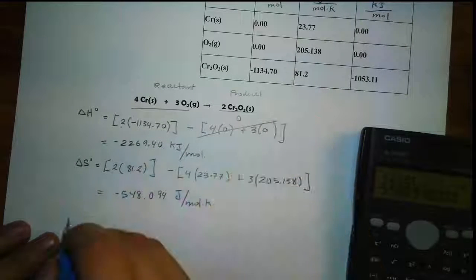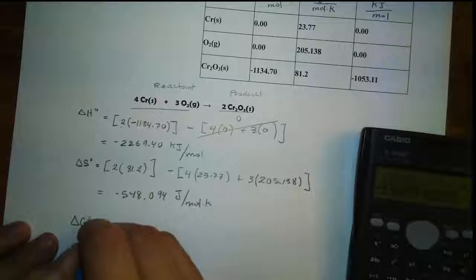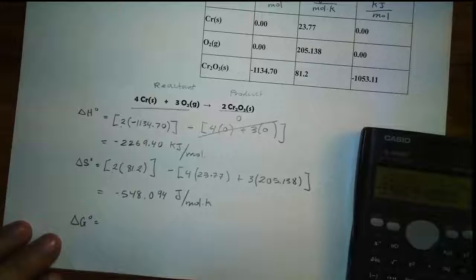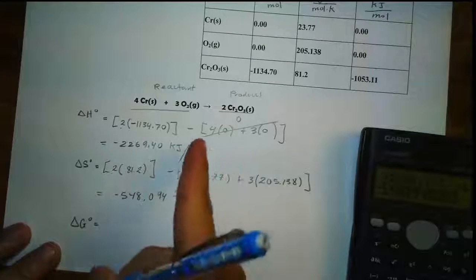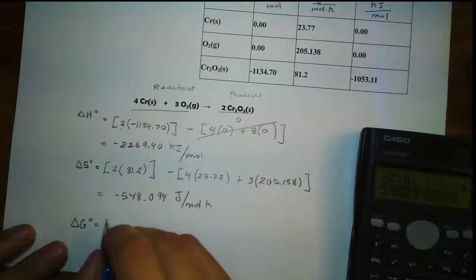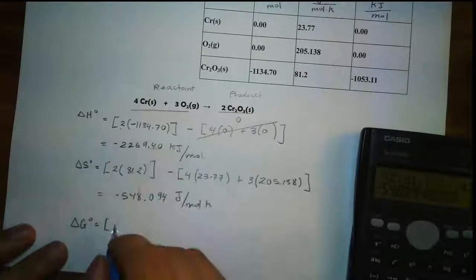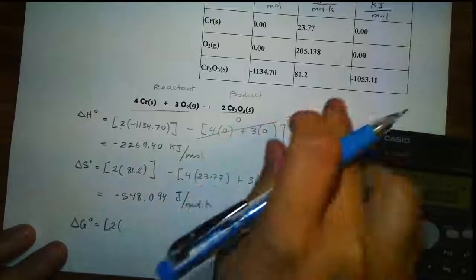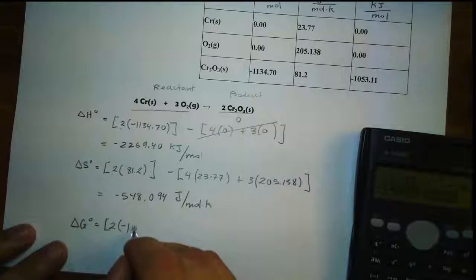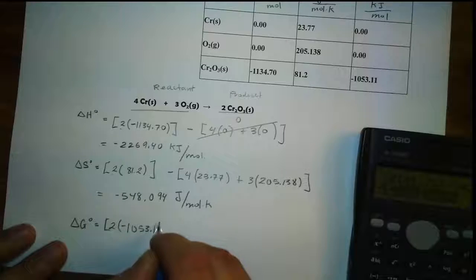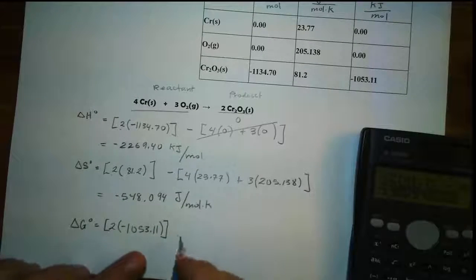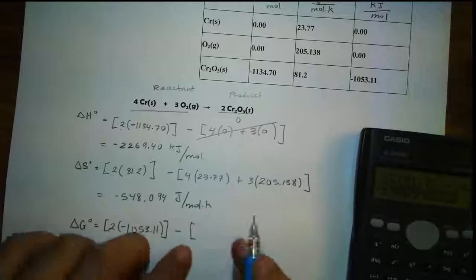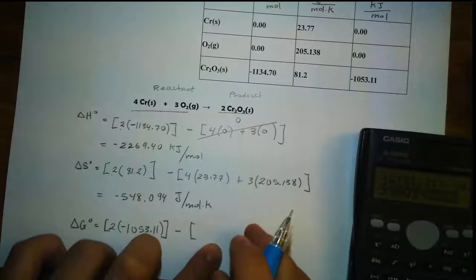Then what about delta G? So delta G naught. In this case, we have the same thing: product minus reactant. So we know the product is that one, and it is 2 of that, and that is negative 1053.11, with the caret symbol to group, minus the sum of the reactants.